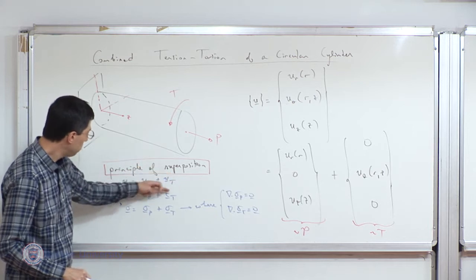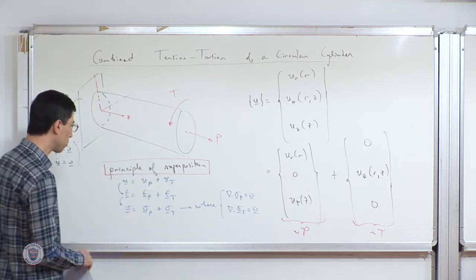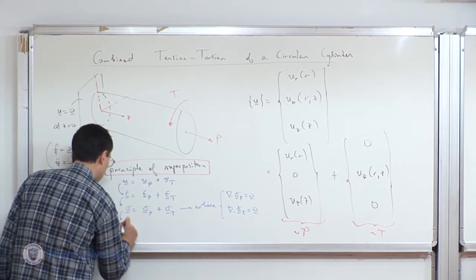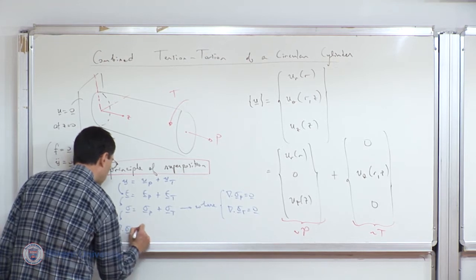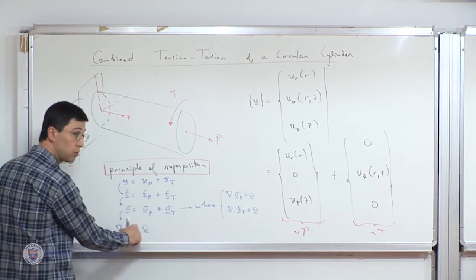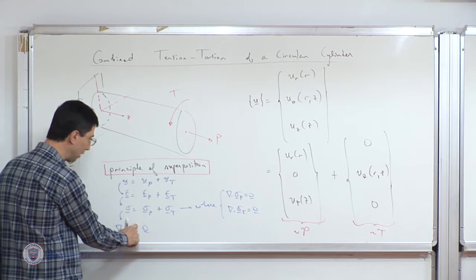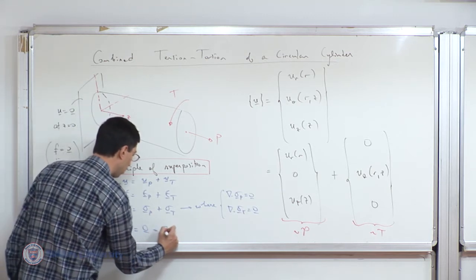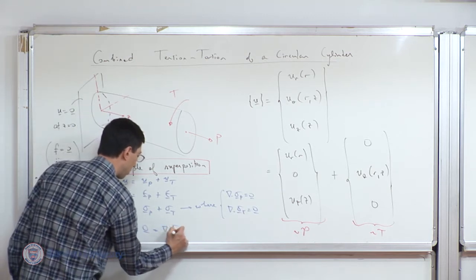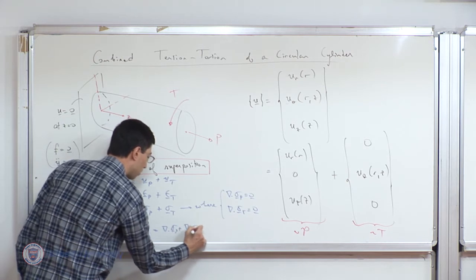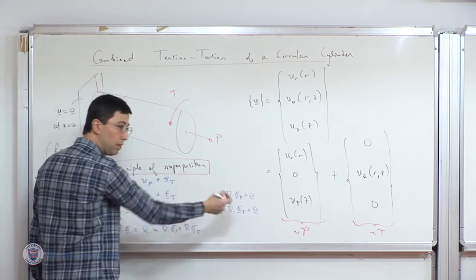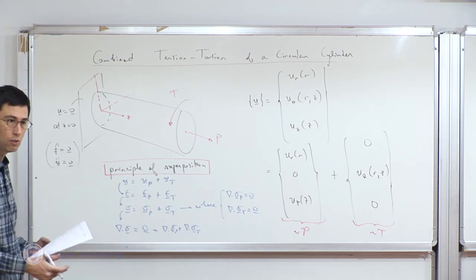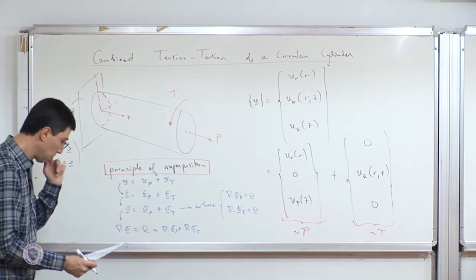This being the proposal for the form of the stress, what I need to satisfy now is divergence of stress equal to 0. This needs to be satisfied, but that is identically satisfied because that's equal to divergence of sigma p plus divergence of sigma t, which are individually satisfied by the individual solutions of the two problems, right?